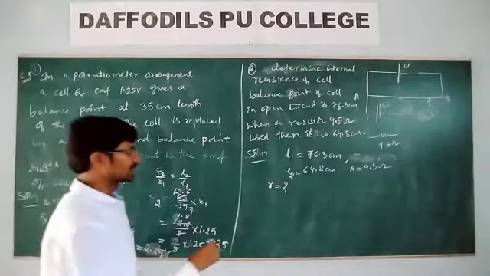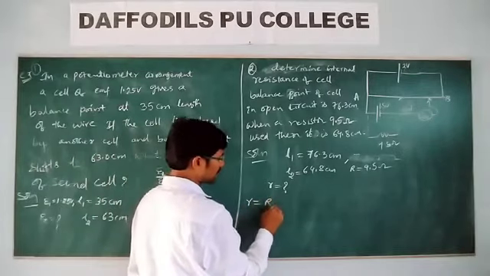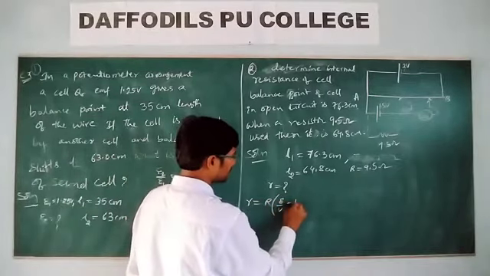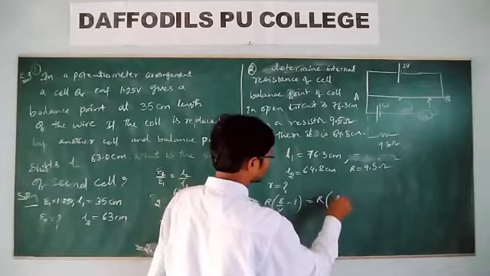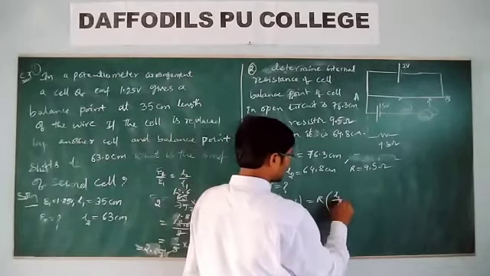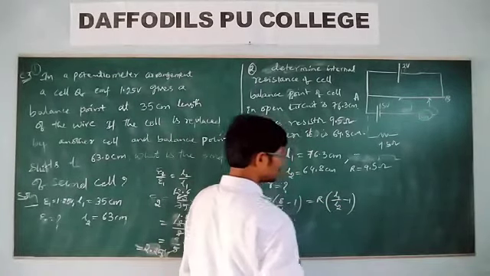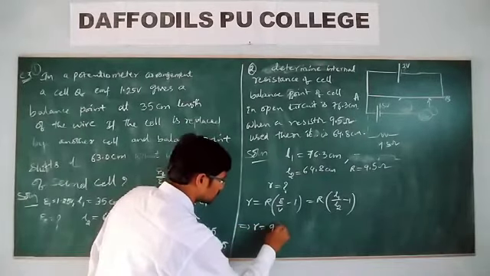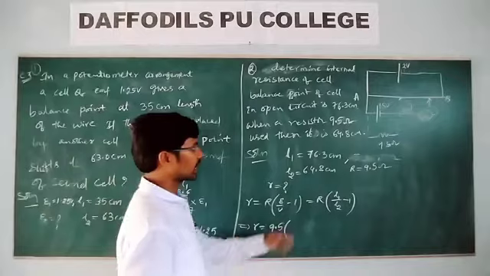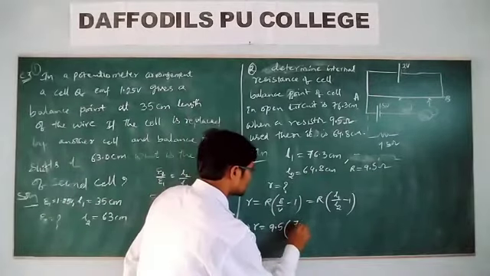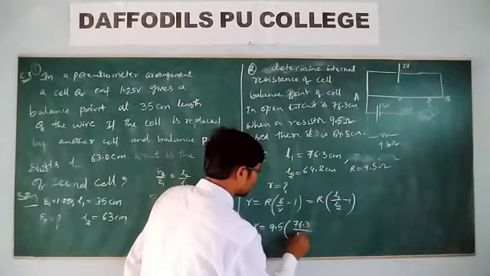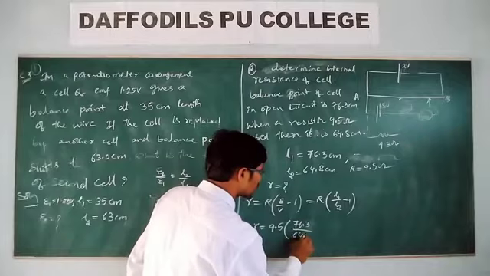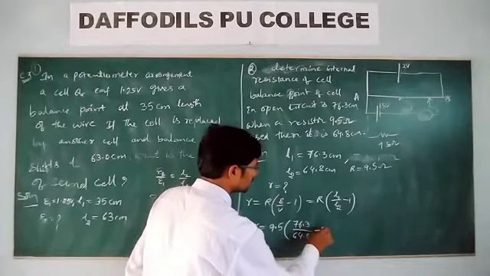Tell the formula for internal resistance. r is equal to capital R into (E by V minus 1), or you can write r is equal to R into (L1 by L2 minus 1). Now substitute those values: r is equal to 9.5 into (76.3 by 64.8 minus 1).